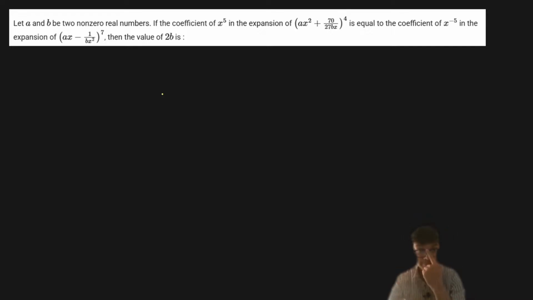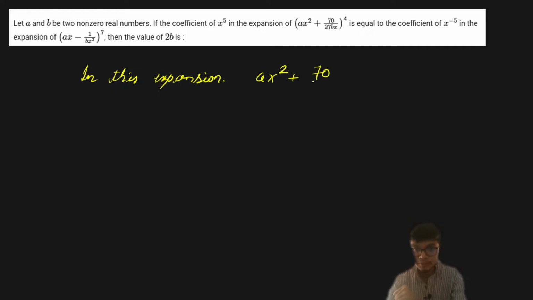If you look at the expansion over here, the expansion is given as (ax square plus 70 upon 27 bx) whole to the power 4. That is the given binomial expansion.